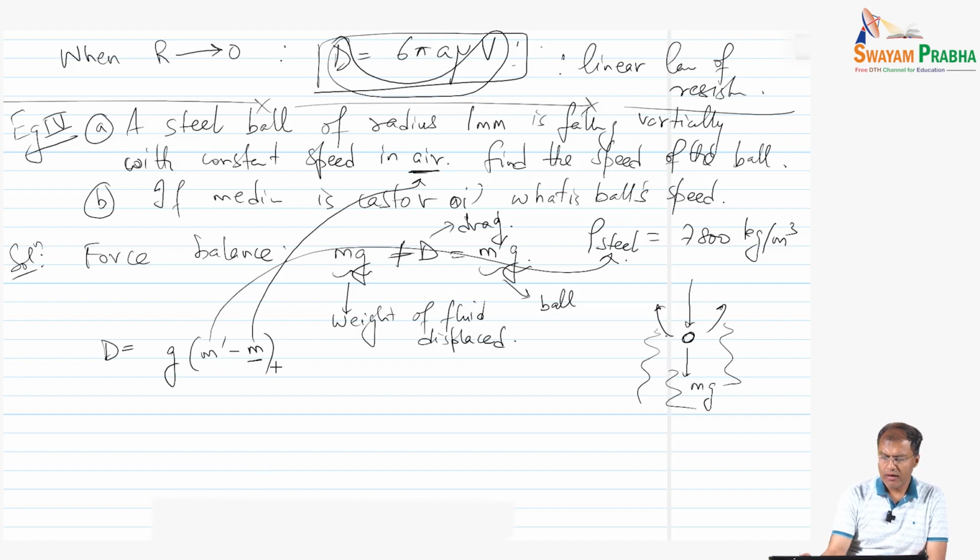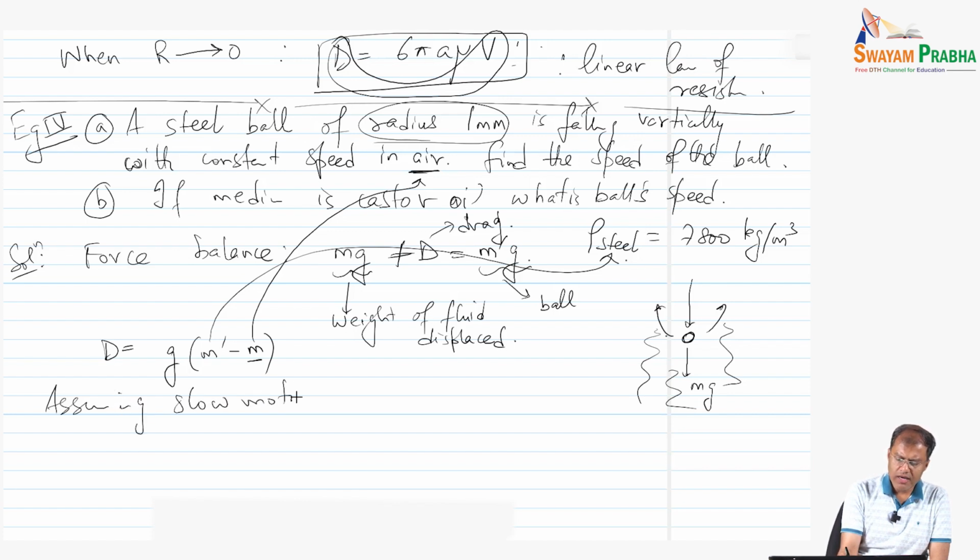Suppose we are talking about a small ball. I don't know which formula to use for the drag, but let us start using the formulas and see what answers we get. So assuming slow motion, we can use the second formula for the drag, which I have stated.